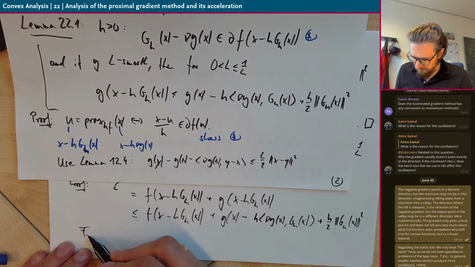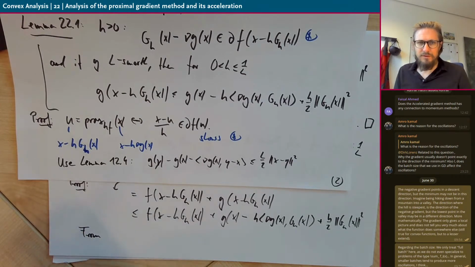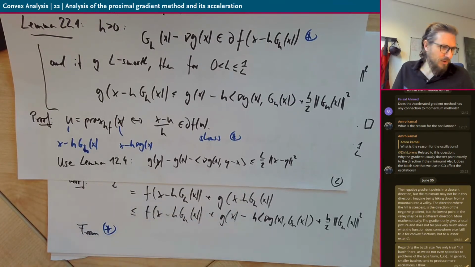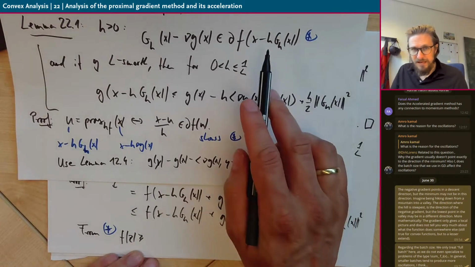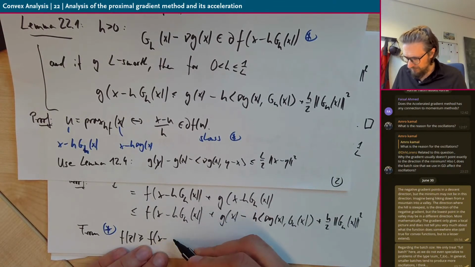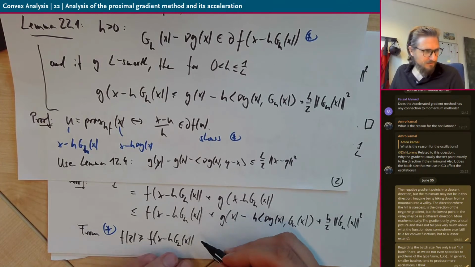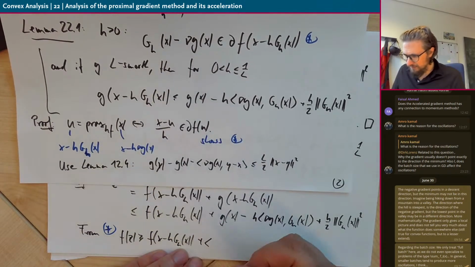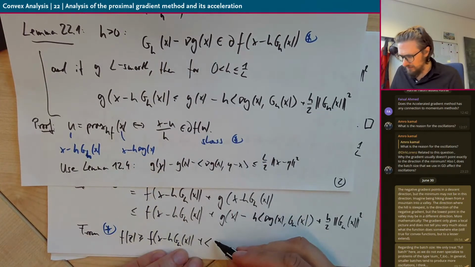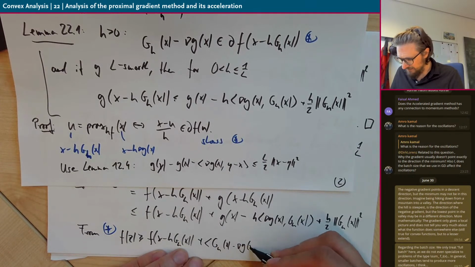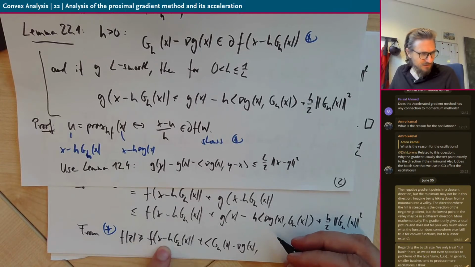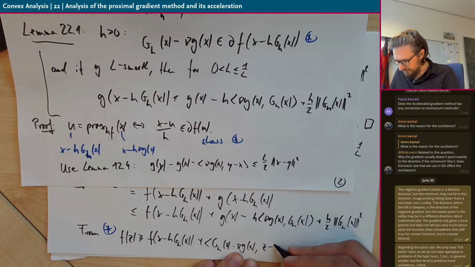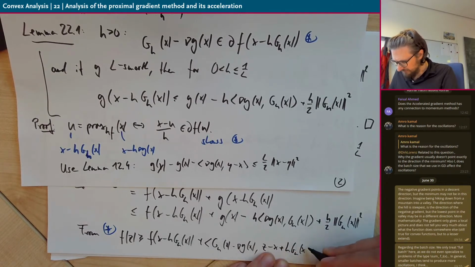From the blue star inequality, we get that f of z is larger or equal to f at the point where the subgradient is taken, plus this subgradient, one of the subgradients, gh of x minus gradient g of x, times z minus this, which gives us z minus x plus h gh of x.